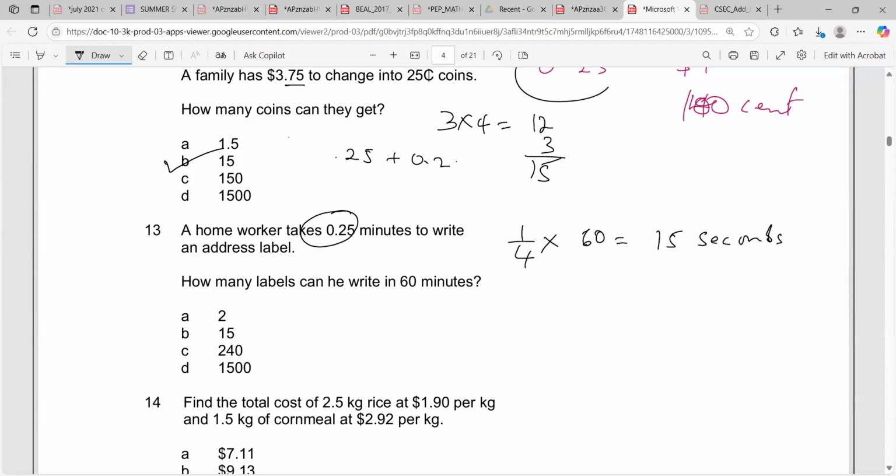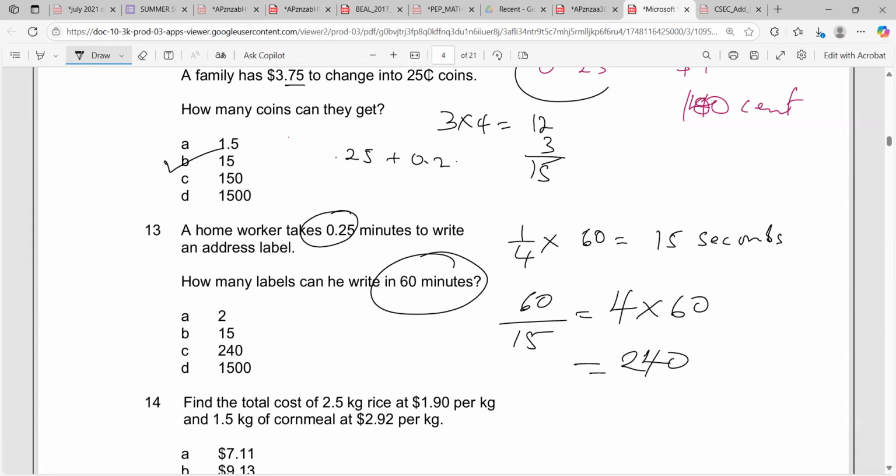So think about it: how many 15 seconds in 1 minute? That would be 4, as you have 60 seconds to make a minute. So in every minute, you're going to do 4. And if you have 60 minutes, you're going to have 4 times 60, which is 240. So that would have been 240.